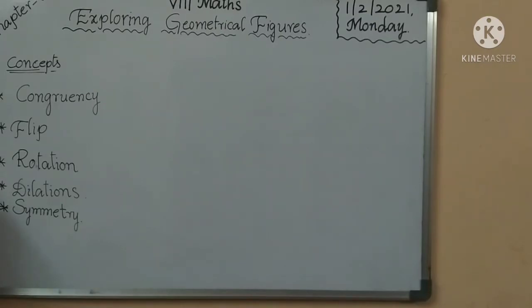Polygons means figures having three or more sides. That is called a polygon. Okay children, did you understand?